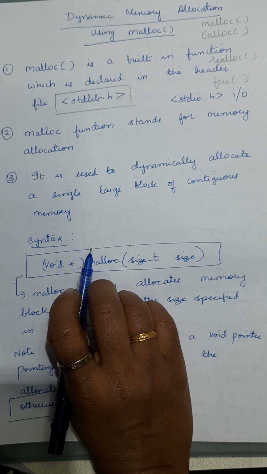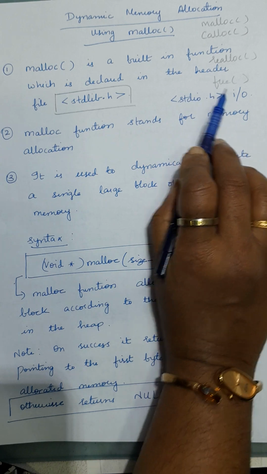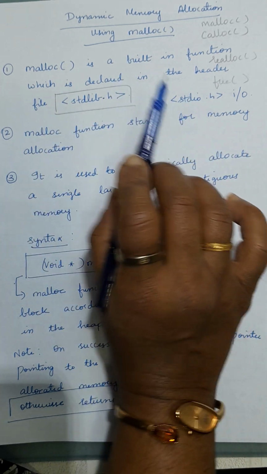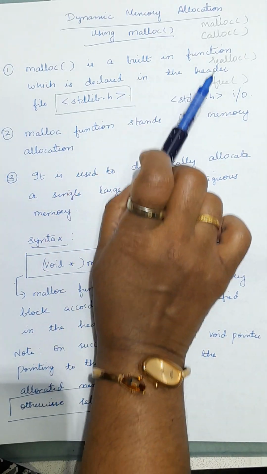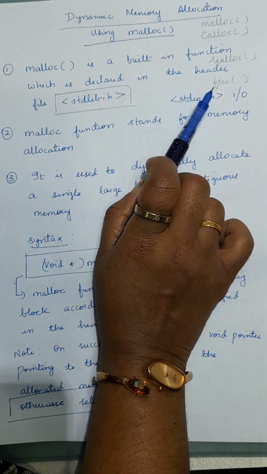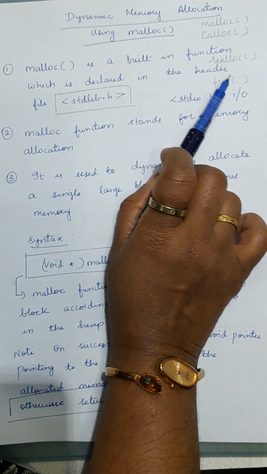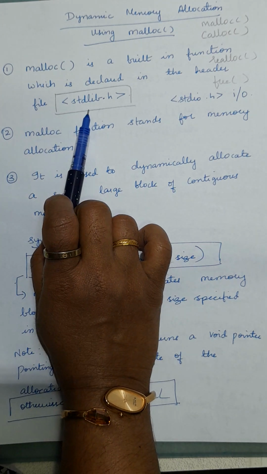When I'm using printf and scanf, I have to include stdio.h. Similarly, when we are allocating memory dynamically, whether I use malloc, calloc, realloc or free, these functions are declared in the header file stdlib.h. So I have to use stdlib.h.